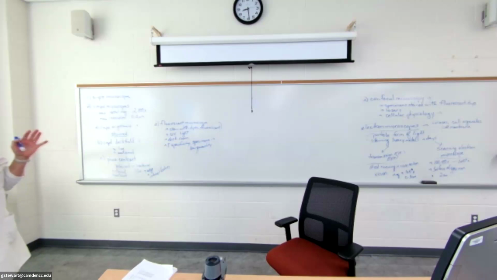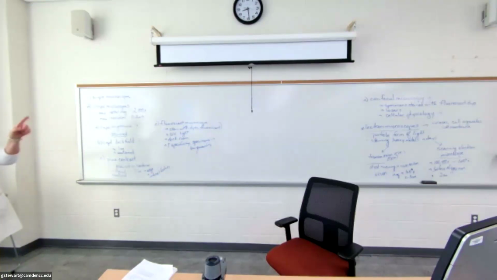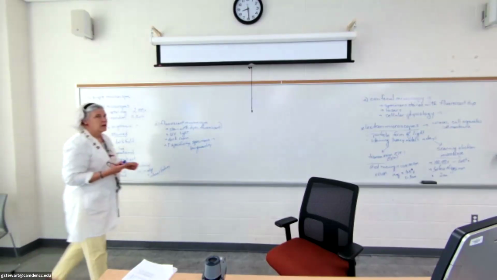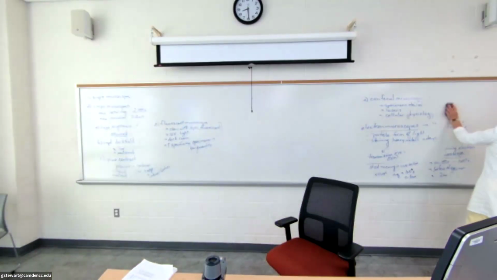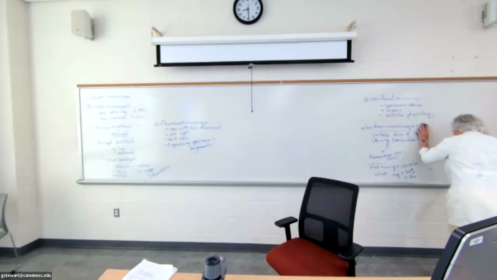So like everything that we just went over. Does anybody have any questions about any of these? Off the top of your head right now, interest or otherwise? Yes. All right then. I'm going to erase and we're going to move on.